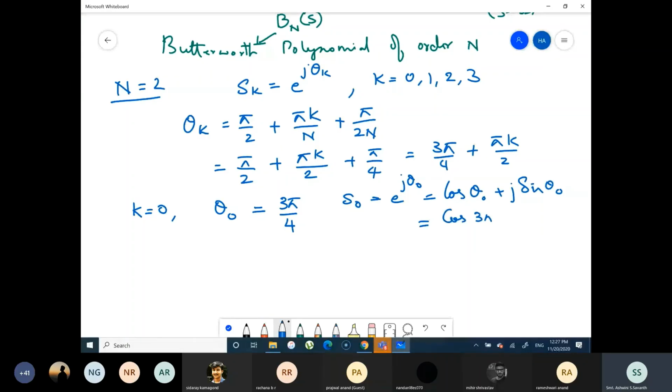If your calculators are in degree mode, then pi should be replaced with 180. So cos 3 pi by 4 plus j sine 3 pi by 4 gives minus 0.707 plus j 0.707. That is where the first pole is located.